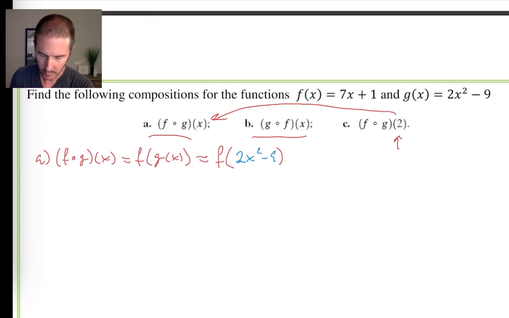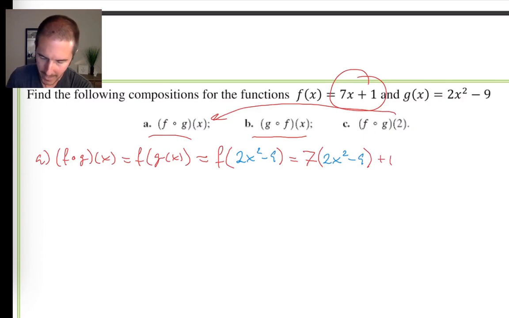All right, what's the result of that? Well, our function f says 7x plus 1. It's 7 times our input value, and then we add 1. So I'm going to take 7, and I'm going to multiply it by my input value, which is 2x squared minus 9. And then, after we do that multiplication, we're going to add 1.